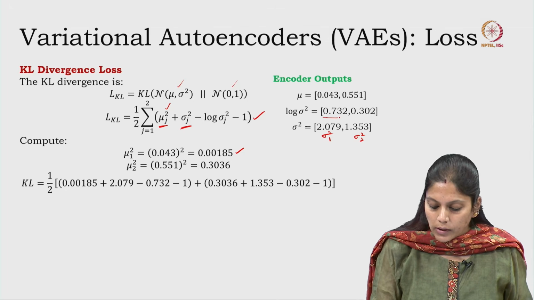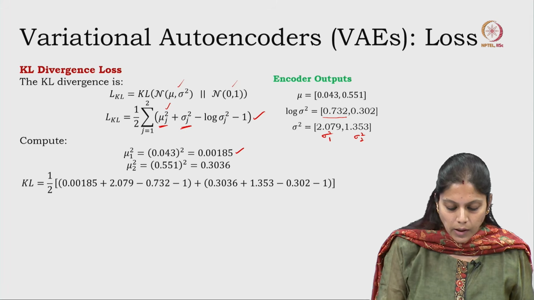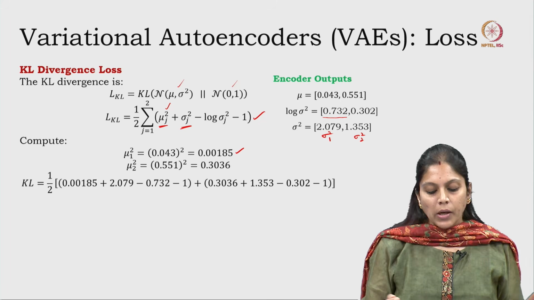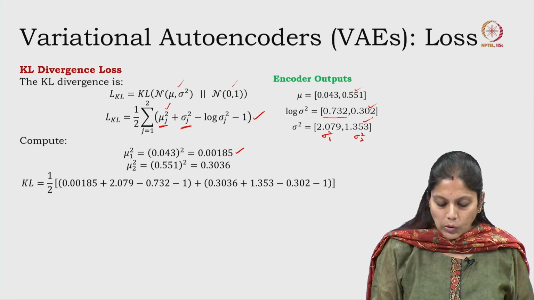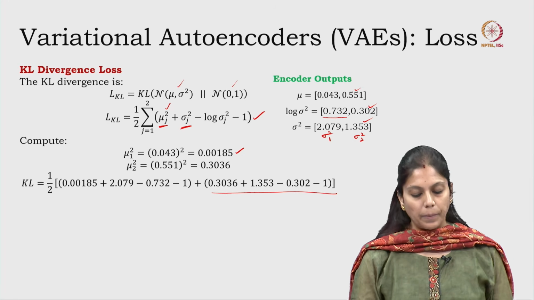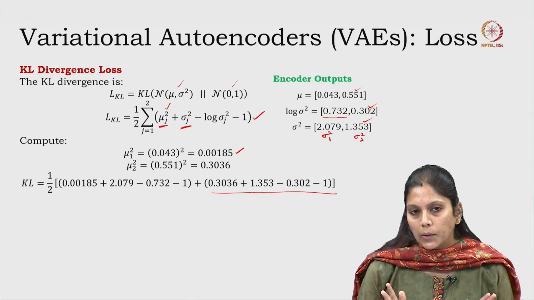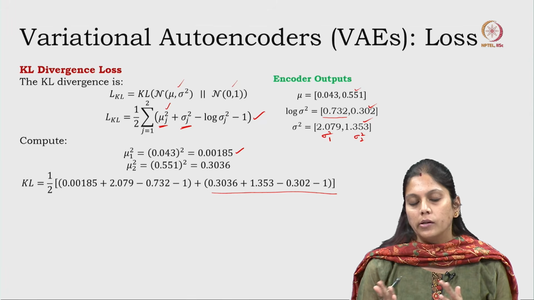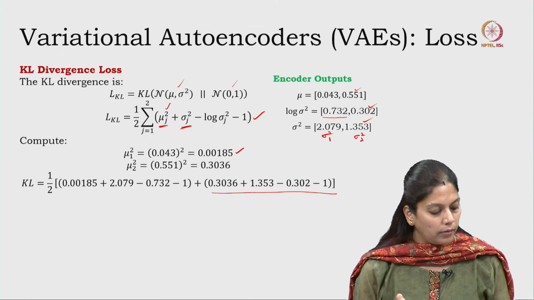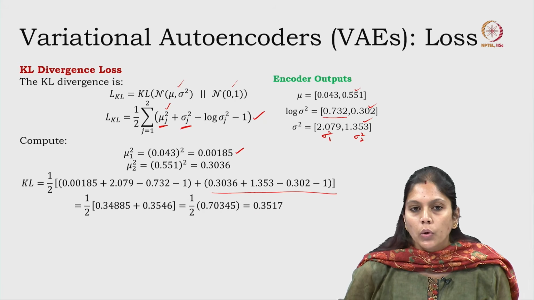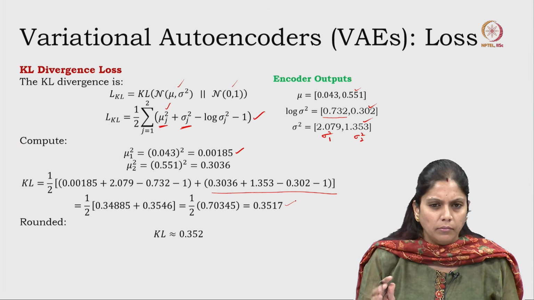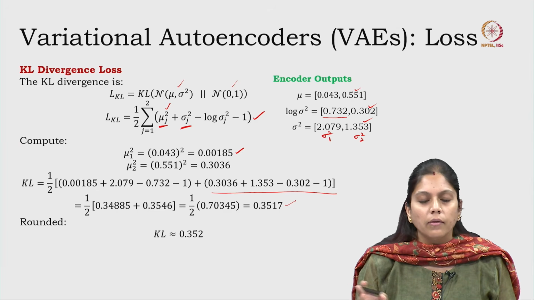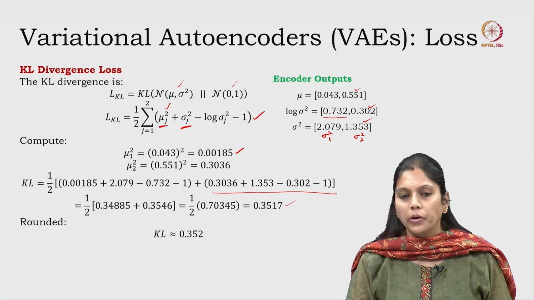This is the log variance you have considered, minus 1. And then you have the second set of values. So perform a simple calculation, addition, subtraction, add up, and then finally divide by 2, you will get this value. Since it is 0.3517, you are rounding it off to 0.352.